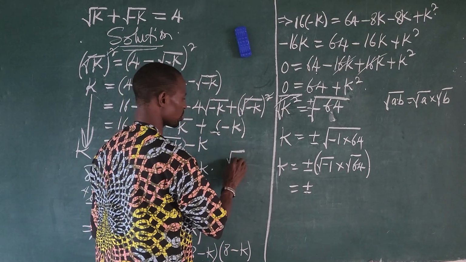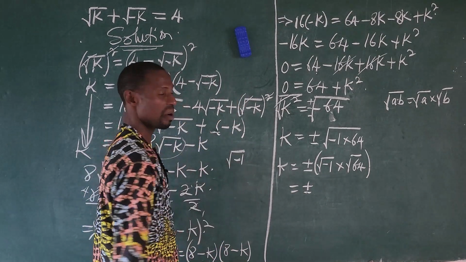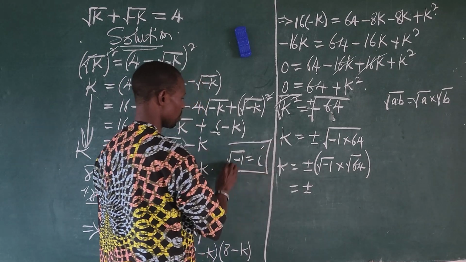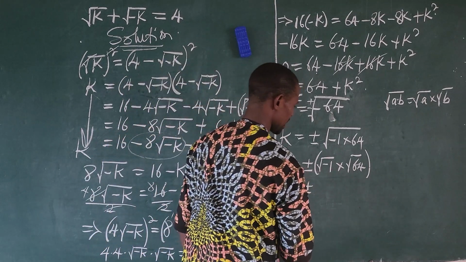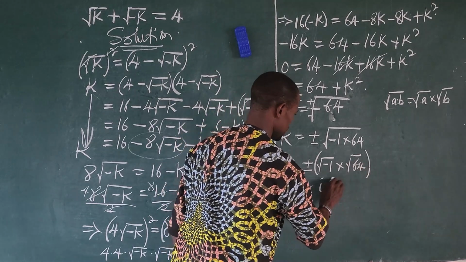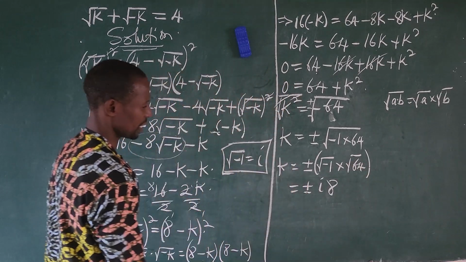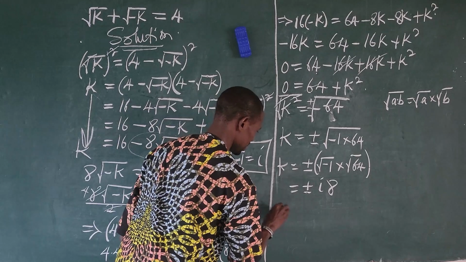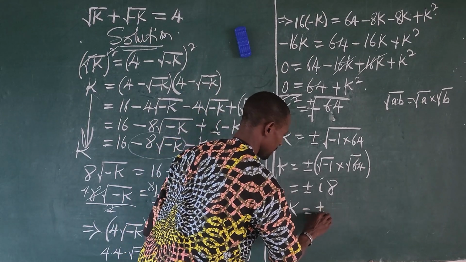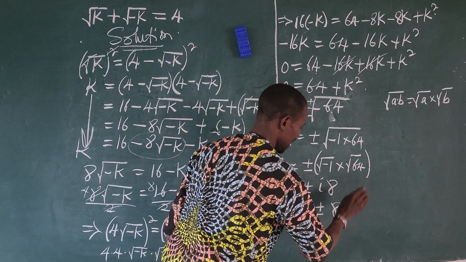We know that the square root of minus 1 is equal to iota. So we can bring that in here. This is going to give us iota times 8. So in all, therefore, k is equal to plus minus 8 iota.